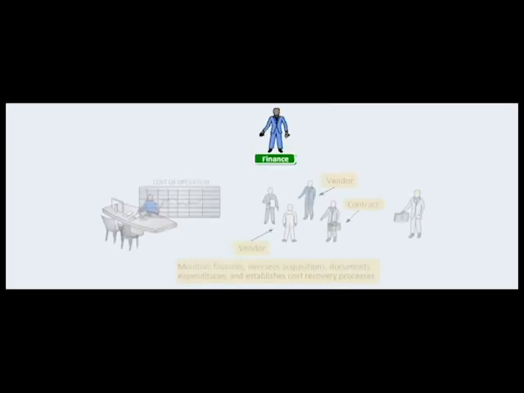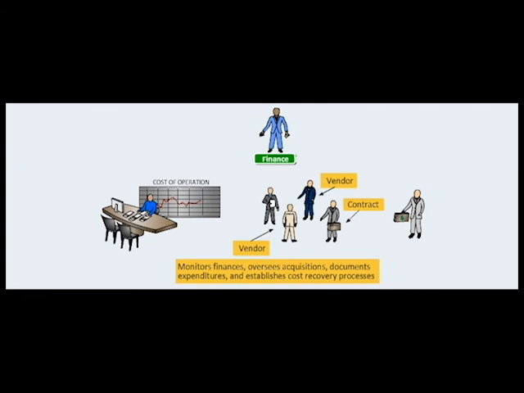The Finance section monitors finances, oversees acquisitions, documents expenditures, and establishes cost recovery processes. To speed the incident response, normal resource procurement restrictions are often waived. Unless done systematically, this can result in a lack of accountability that can lead to the hospital bearing the financial burden of the response.